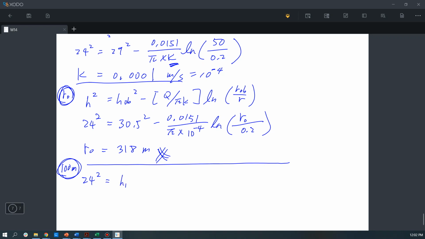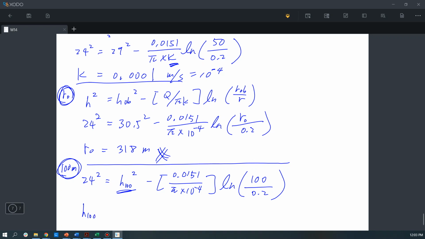Now we want to solve h100 minus, this would be the same value, times the log. Our observation is at 100 meters, so this would be 100 divided by 0.2. So we can solve this h100. It will be 29.6 in this case.